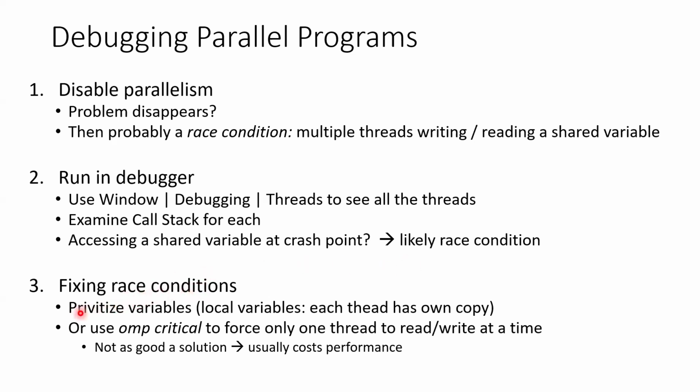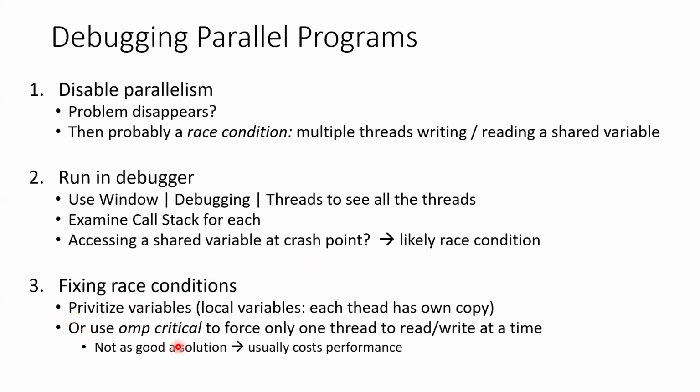Fixing race conditions: the first option is to privatize the variable by moving it into a local variable of each thread. Or if this is not possible, you have to keep it shared.